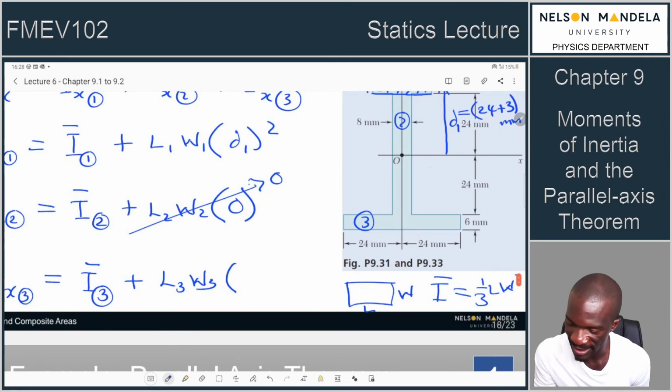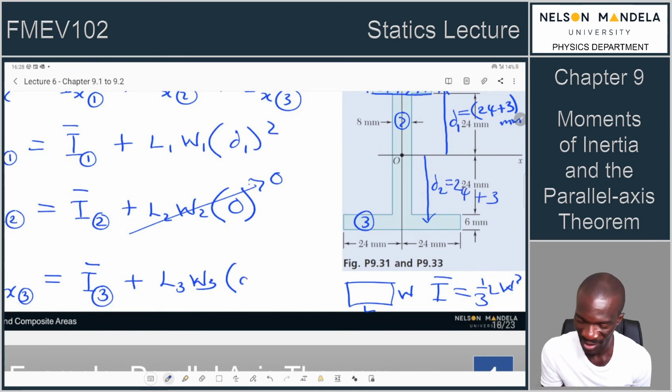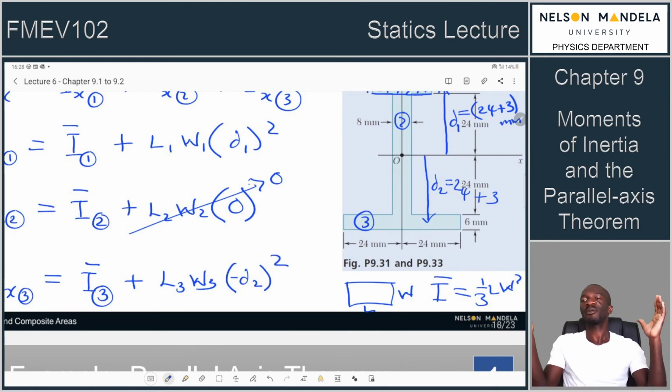What is the D? The D is from there all the way to its centroid. So D2 is equal to 24 plus, fortunately, another 3. It's the same, so I can just put my D2 there. This is a negative D2 because it's in the negative, but we're going to square it because all our moments of inertia involve squared distances.